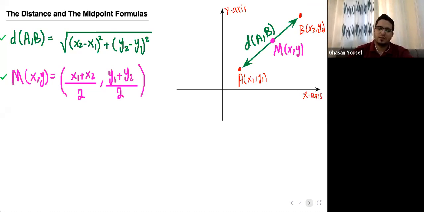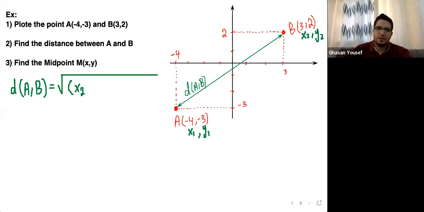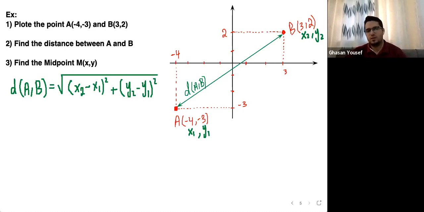Here you start x2 minus x1 squared plus y2 minus y1 squared. But if you want to do x1 minus x2 squared plus y1 minus y2 squared, both of them are correct because the square changes the negative to positive, and if they are positive already, they will stay positive. So it does not matter which one is first.